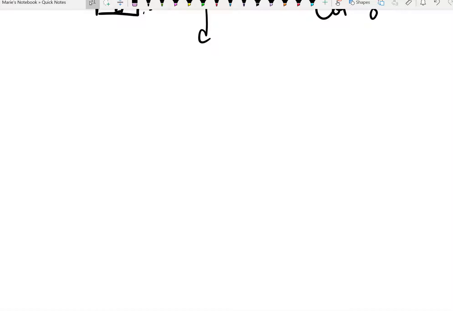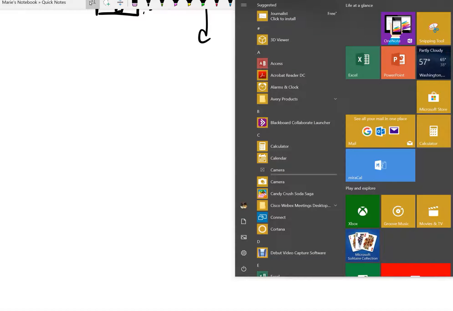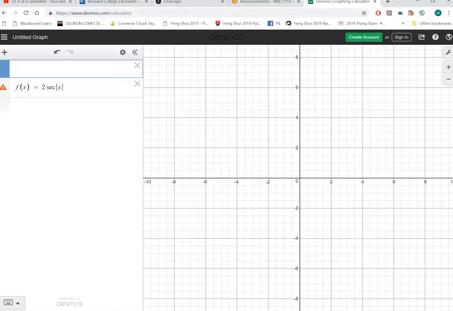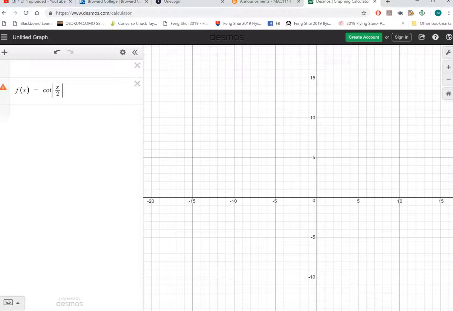Okay, let's look at 48 then. Well, 48 is a cotan, and it is an absolute value. Maybe that one might be a little bit easier to show. So let's do this one. So 48, I have cotan of x over 2, absolute value. And so let me see if I pinch it in, will it do it?